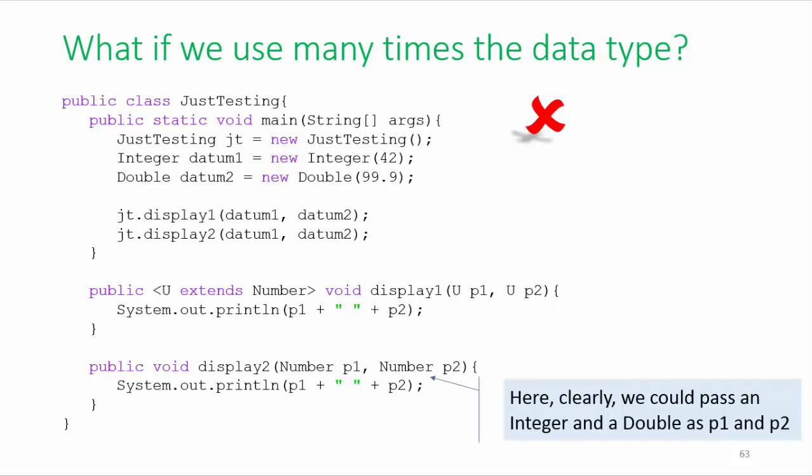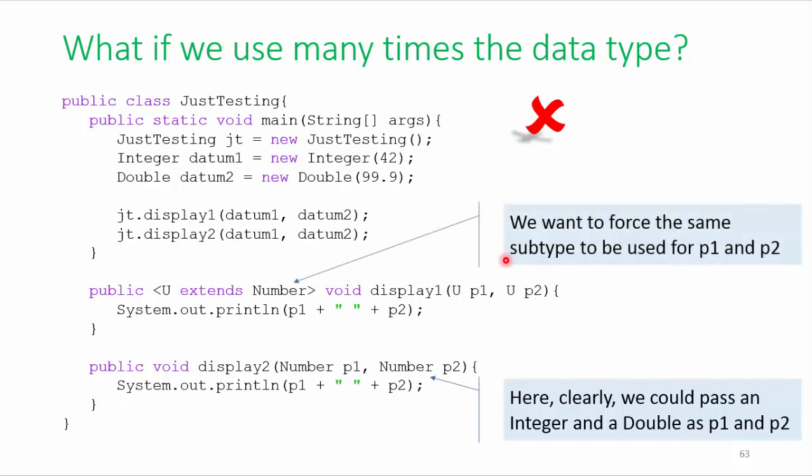Now the confusion and the difficulty comes sometimes from the fact that when you have this notation here that says I have a U that extends Number, and then I'm going to use U for P1 and U for P2, there is sometimes an understanding that we define U as extending Number, and it has to be the same for P1 and P2.